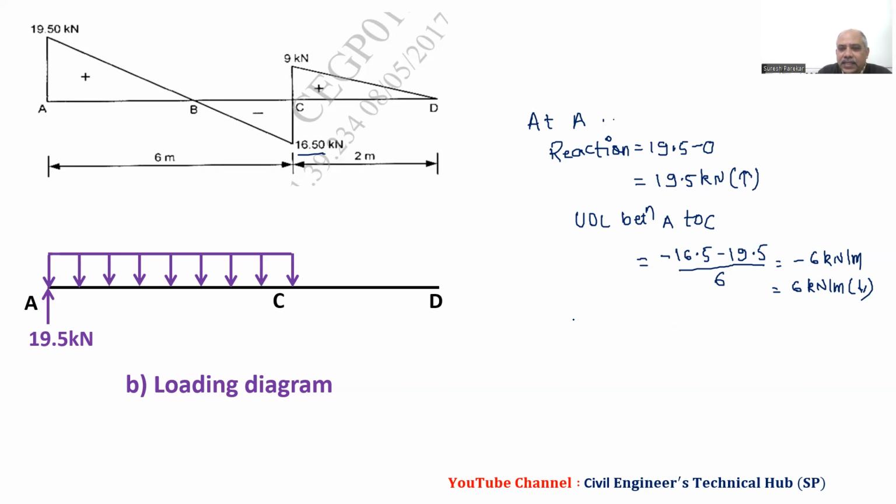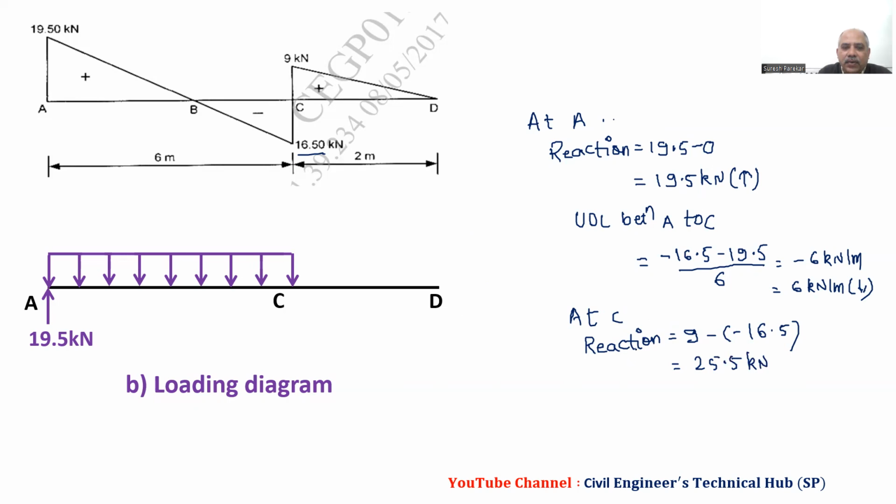Now at C, as it is a vertical line, we have again a reaction, because we are going to get a positive value: final shear force minus initial, 16.5, and then it will be 25.5 kilonewton.